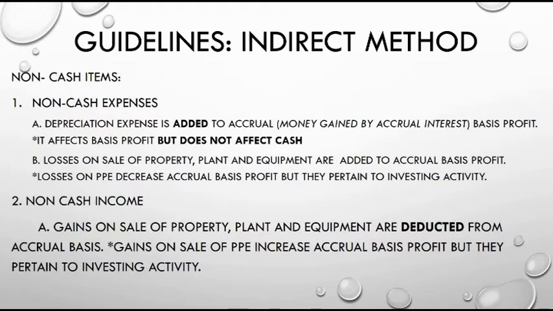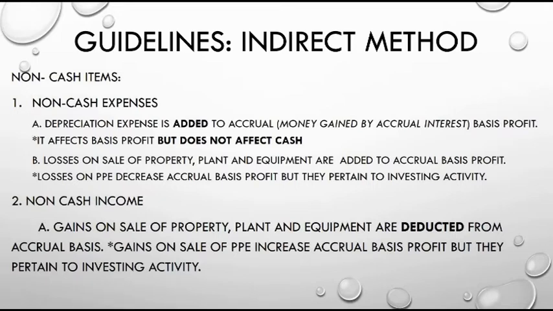So, the guidelines for the indirect method, kahit na hindi natin siya gagamitin or hindi natin siya isasama sa activities, ito yung guidelines. Pag non-cash items, ito yung mga explanation, bakit. About non-cash expense, number 1. So, a depreciation expense is added to accrual basis profit. It affects accrual basis profit but does not affect cash.